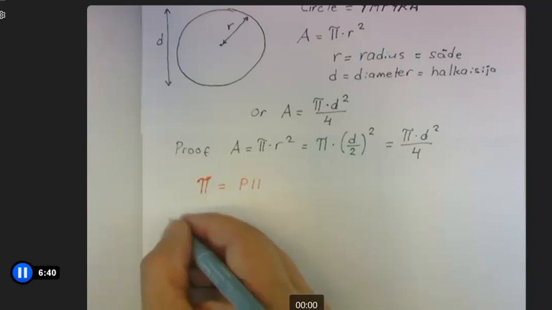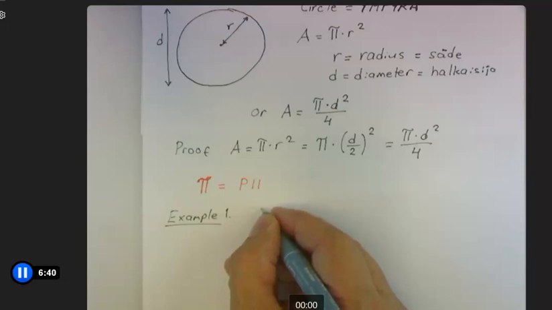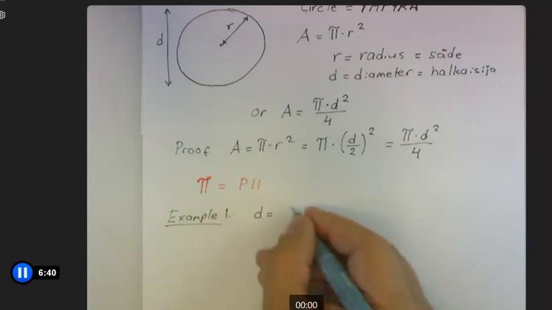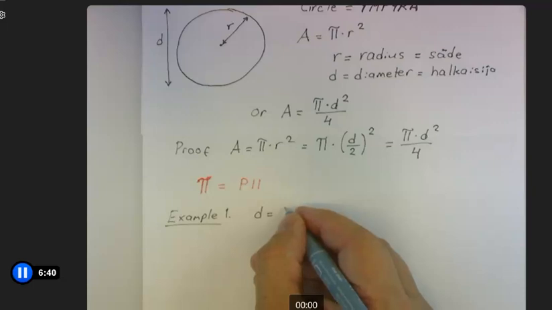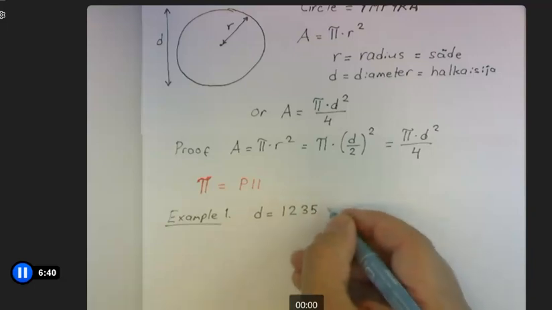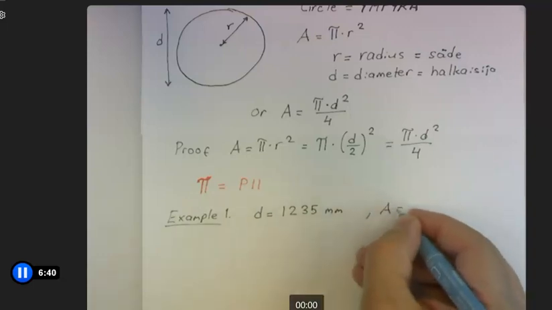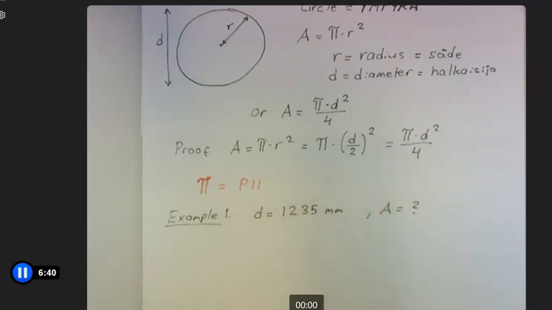For example, if we have a circle which has a diameter of, let's say 5, to get some imaginary number, millimeters. And we have to calculate the area of the circle.